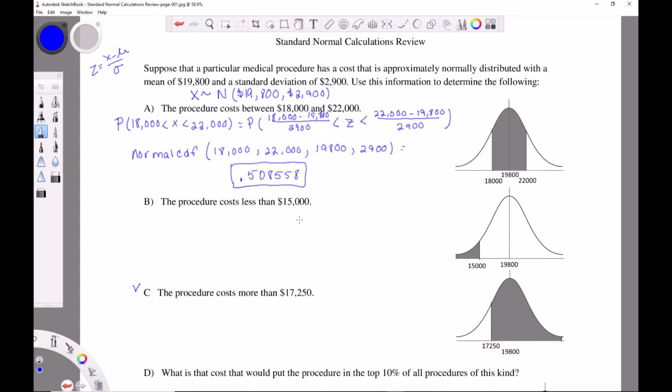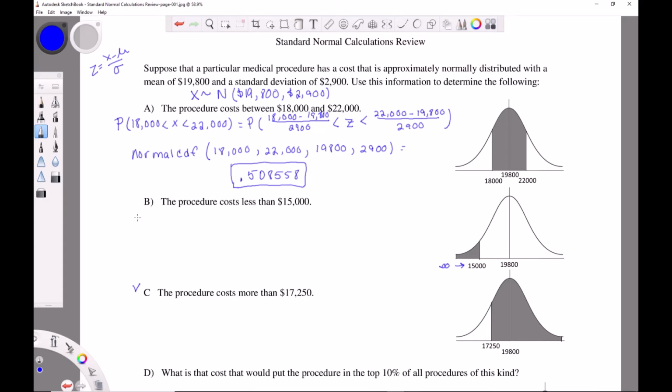Our standard was 4. Okay, so that is a central standard normal calculation because it's going from low to high. There's no infinities in here. All right, the next one, that the procedure costs less than 15,000. So it's going from negative infinity up to $15,000.